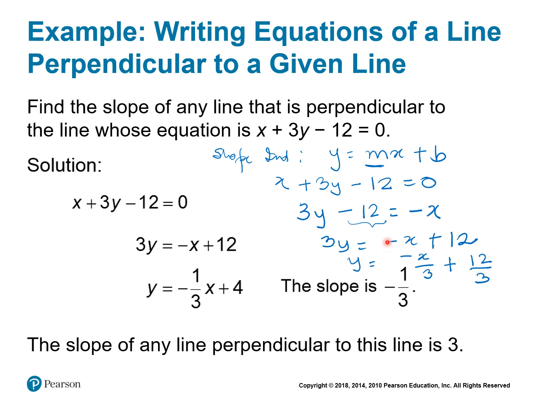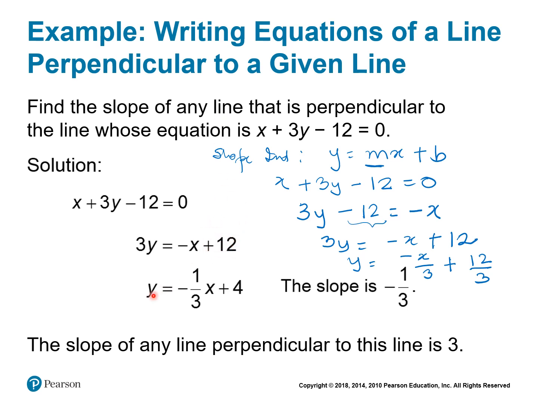All right. So I'm going to look at the way they have worked here on the slide. They have x plus 3y minus 12 equal to 0. They got 3y on one side, on the left hand side, and moved the x over to the other side, and it became a minus x. And then they moved the minus 12, just like we did here. They moved the minus 12 over to the other side, it became a plus 12.